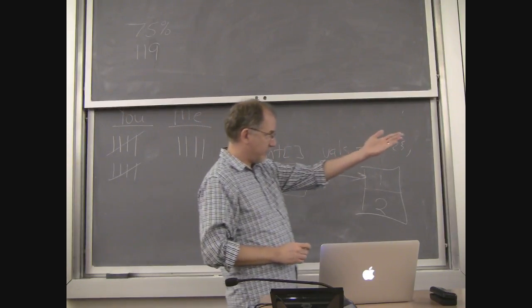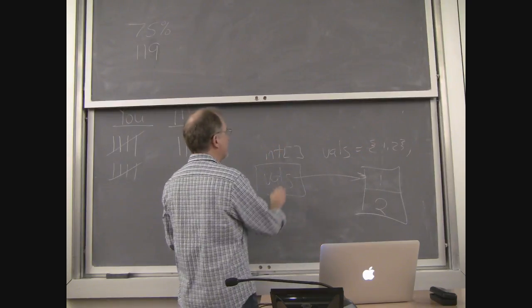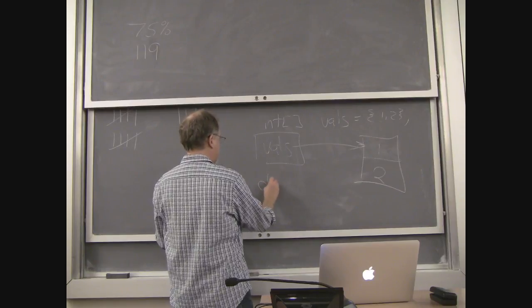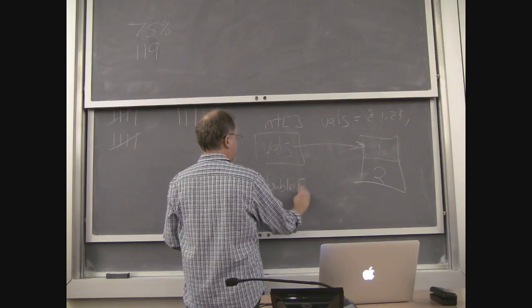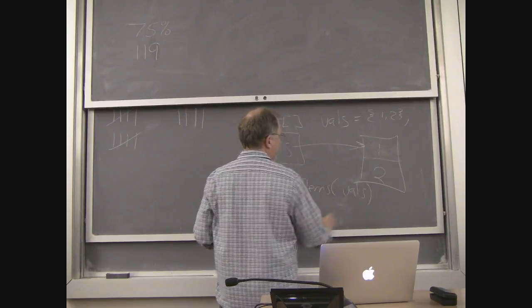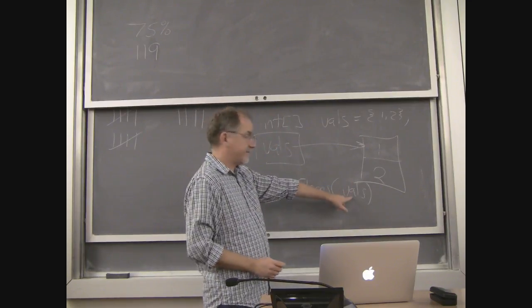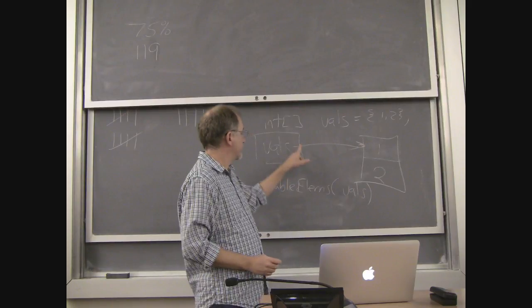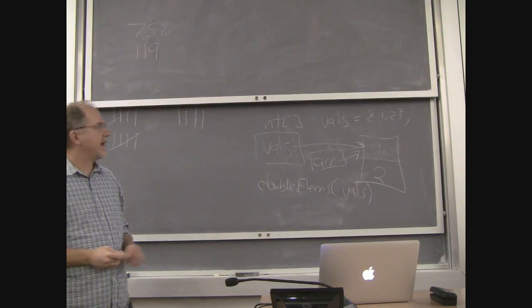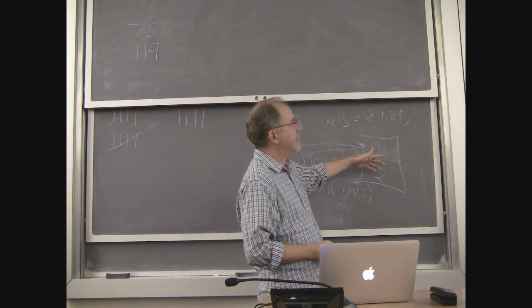When I pass it into the call, double elements with vals. The method is supposed to double all the values of the array and store them back in the array.